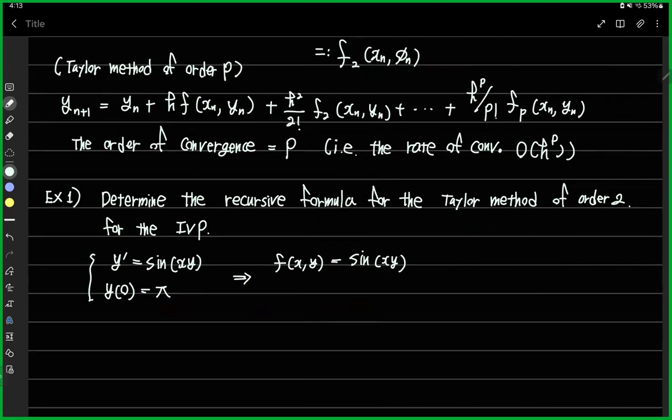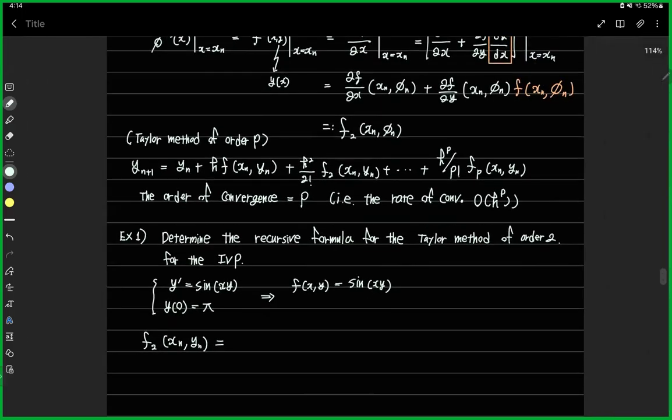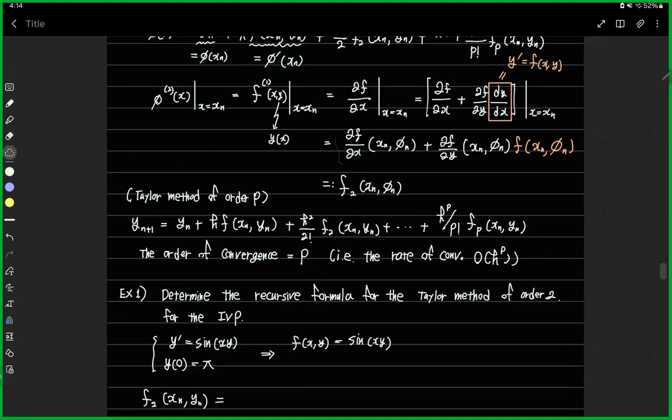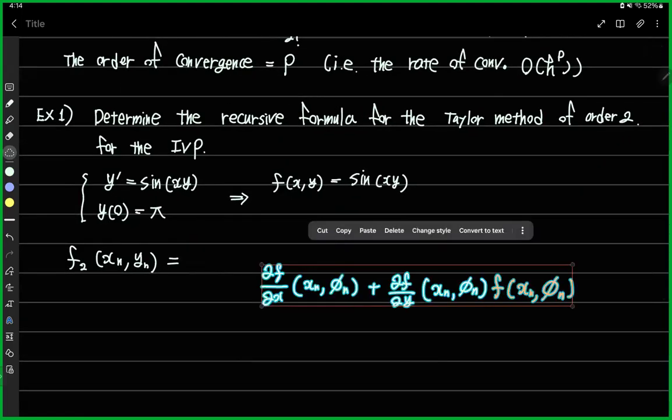Then what are we going to do? We need to figure out f sub 2, right? F sub 2 of x_n comma y_n is equal to what? Let me copy this one and paste.